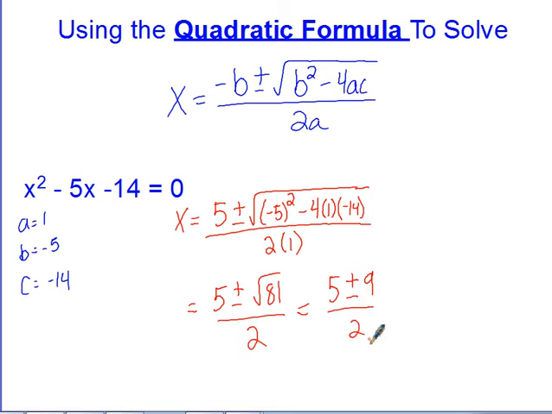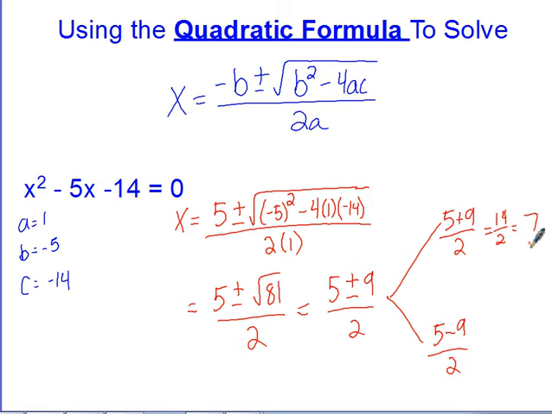Now, a lot of students get confused here. What's going on here? There's actually two parts. There's a 5 plus 9 over 2 and a 5 minus 9 over 2. So I actually am going to get two answers. What is 5 plus 9? 14 divided by 2?